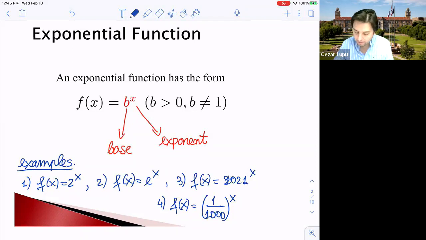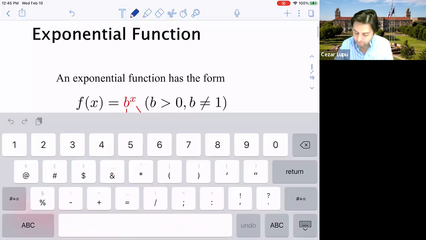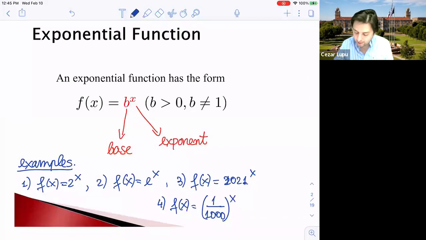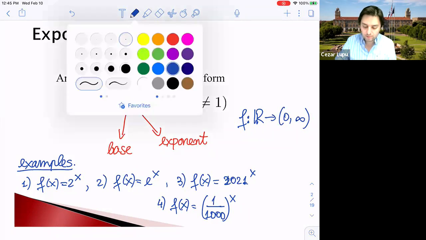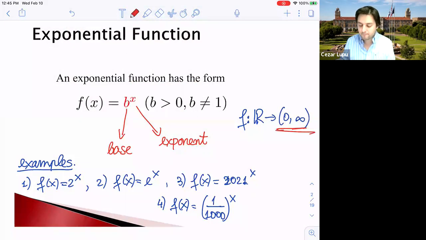In fact, we can write that f is defined on R, right? And so the domain is R and the range is 0, infinity. So that's what we need to know. Will always be positive.